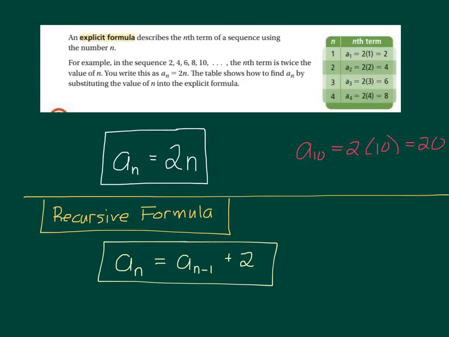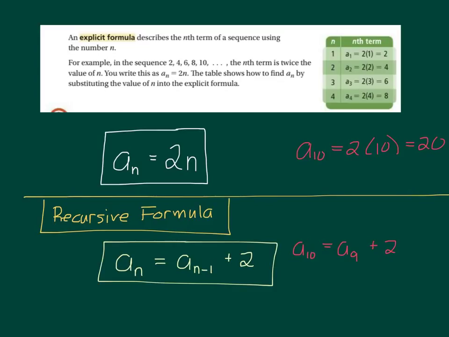With a recursive formula, now we need to know about recursive formulas because there are some very important sequences that can only be represented by a recursive formula. It's just in this particular example, it's less helpful because if I tried to find the 10th term of this sequence, all the recursive formula tells me is that it's the 9th term of the sequence plus 2, which is only helpful if I know what the 9th term of the sequence is, right?